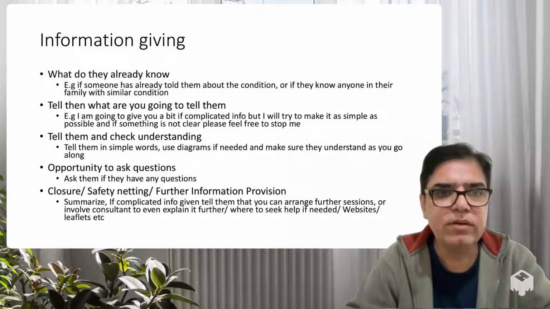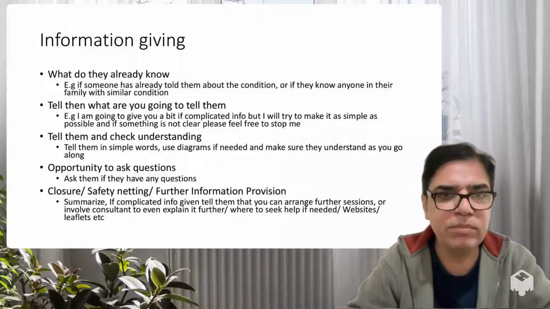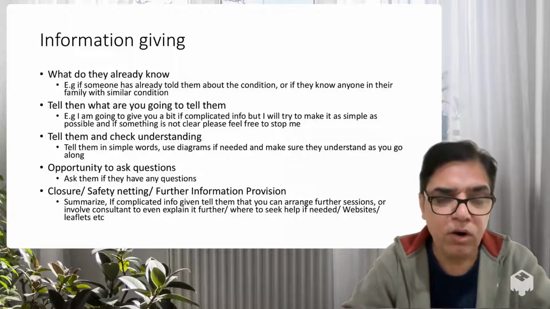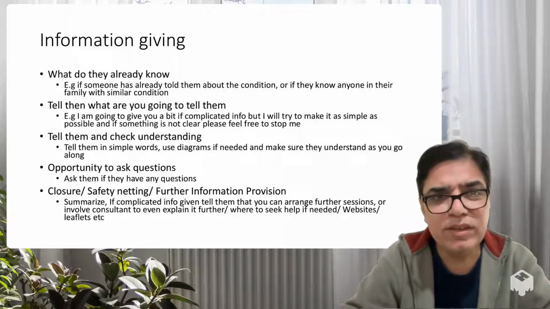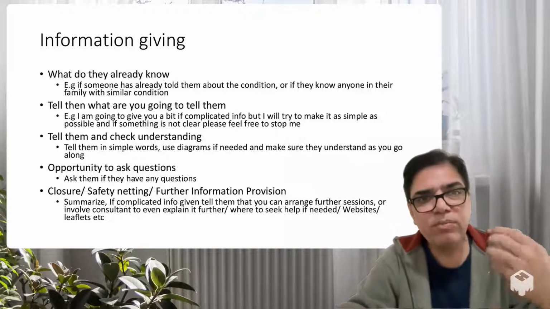Then ask what they already know. As I told you earlier, you ask them if somebody has already told them about the condition, for example if a nurse told them this might be what they are suspecting. Sometimes you ask if they have heard about this term, or if there is anybody in the family who suffers a similar condition. And then they would probably say yes or no.